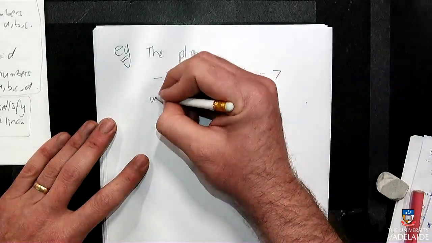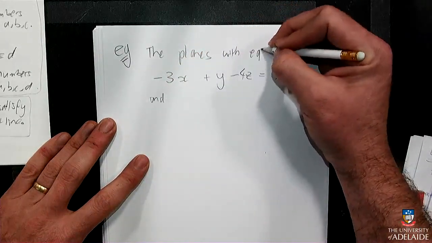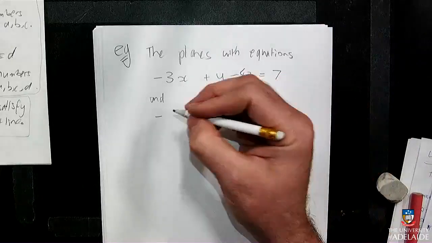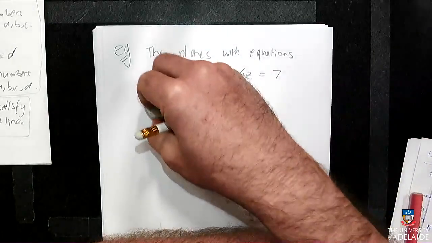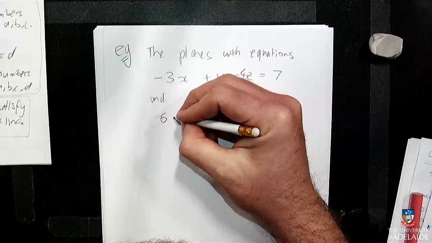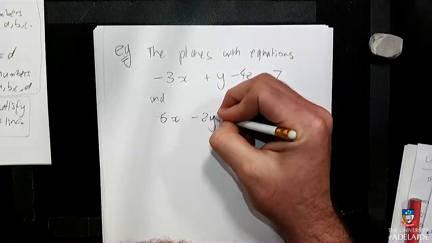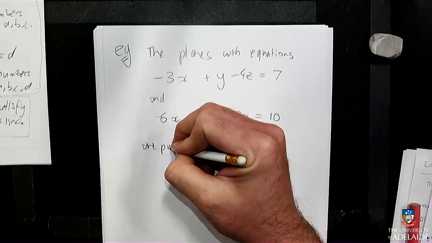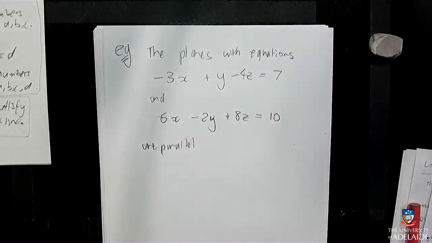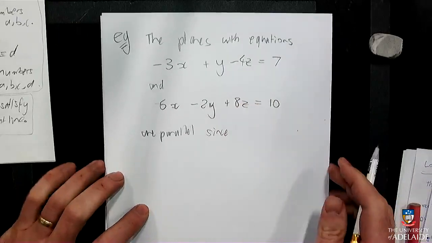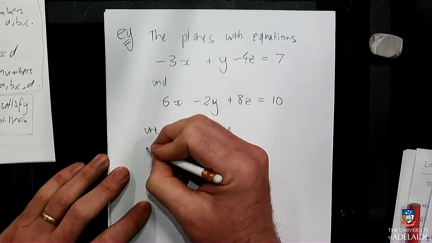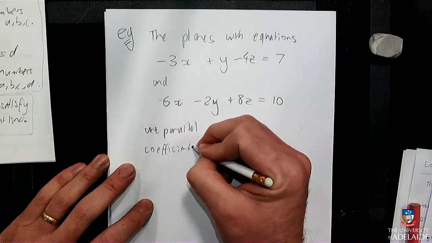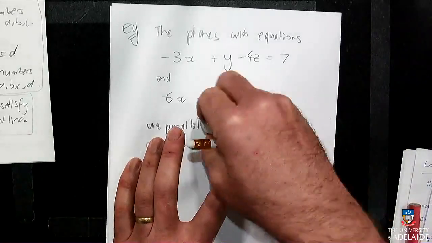This plane, the planes with equations that and this, 6x, are parallel since... parallel.